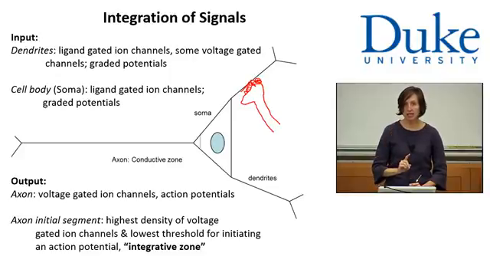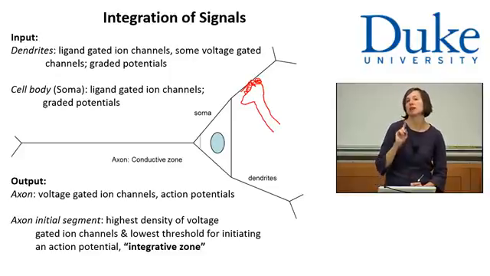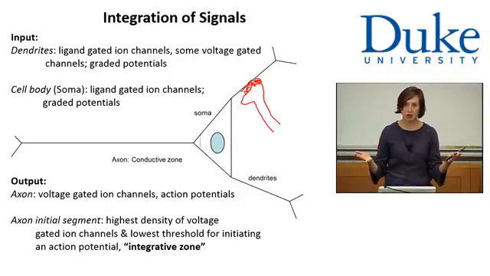The axon is going to be different. It's going to be where you have the concentration of the voltage-gated channels, and so that means that's where you're going to have the action potential.